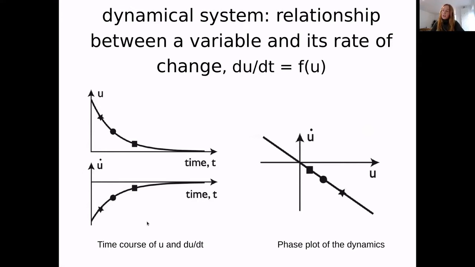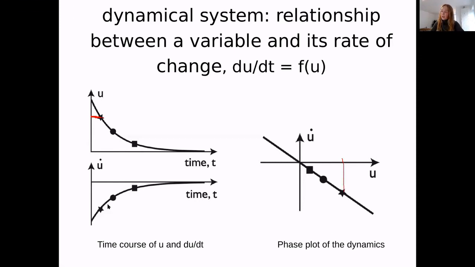So we take a look at the time point where we have this star value for the state and its derivative. And then maybe I can use the annotation again. So at this time point, we have this value of u, right? And this is what we find here. Good.